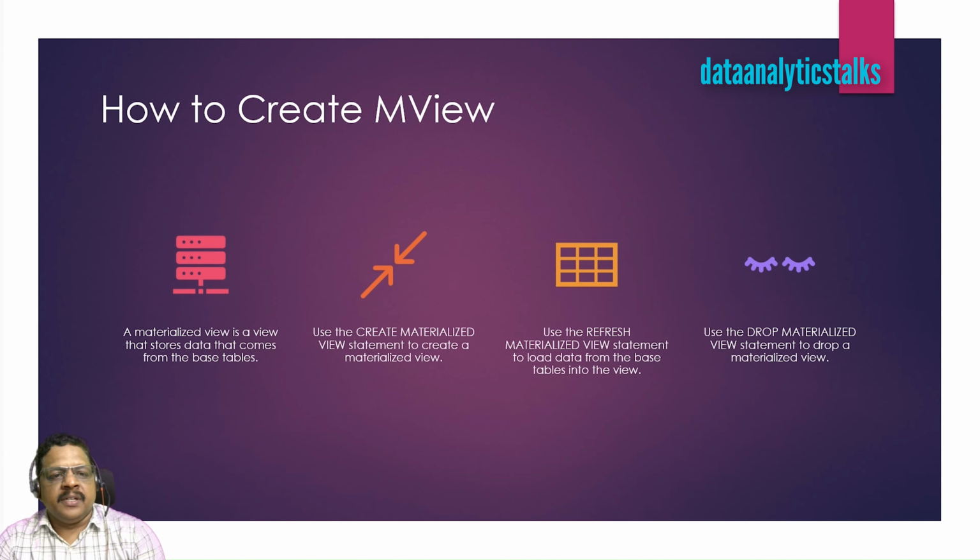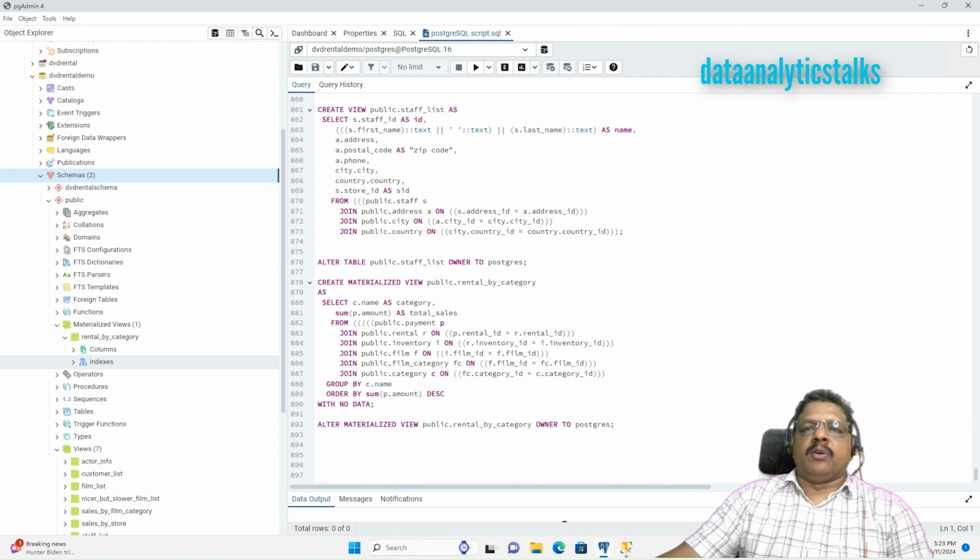So, now how do we create a materialized view? We have a command, create materialized view, and we have a refresh command, and a drop materialized view command. Let me close this session by showing you the code for a materialized view.